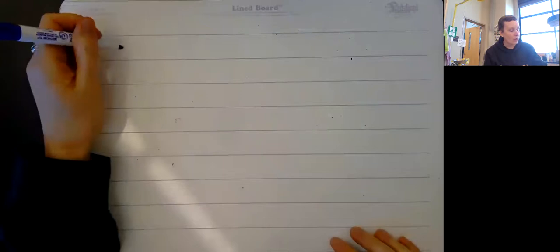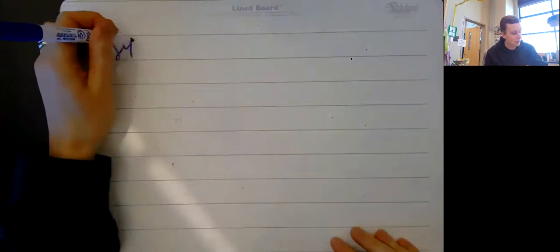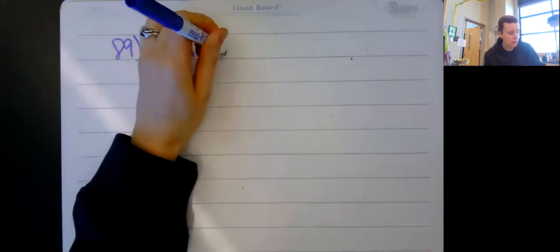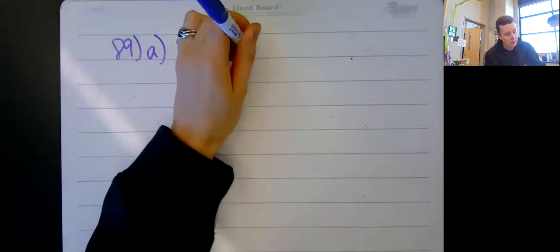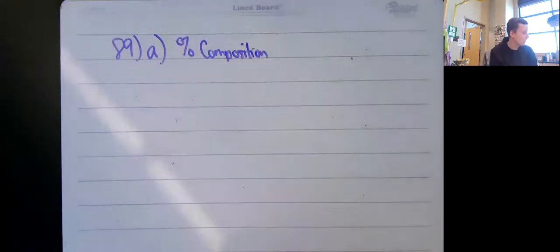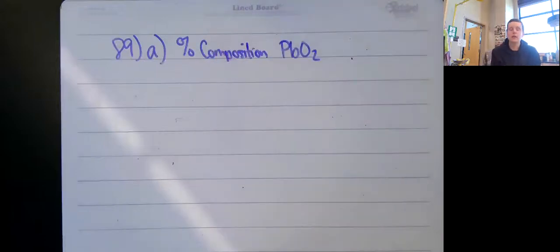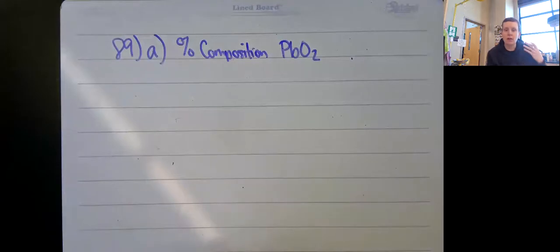But on question number 89, part A, it asks you, what is the percent composition of PbO2? Okay, so part B is a different substance, C is a different substance, but it's all the same question. What is the percent composition?